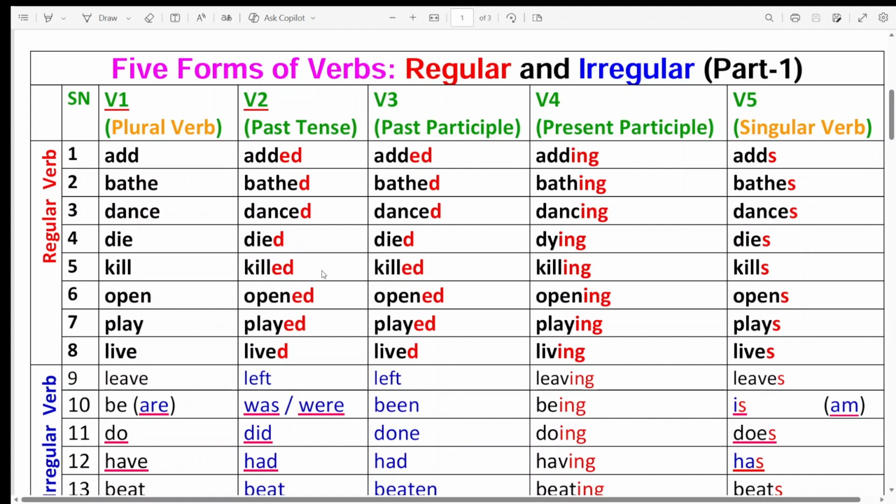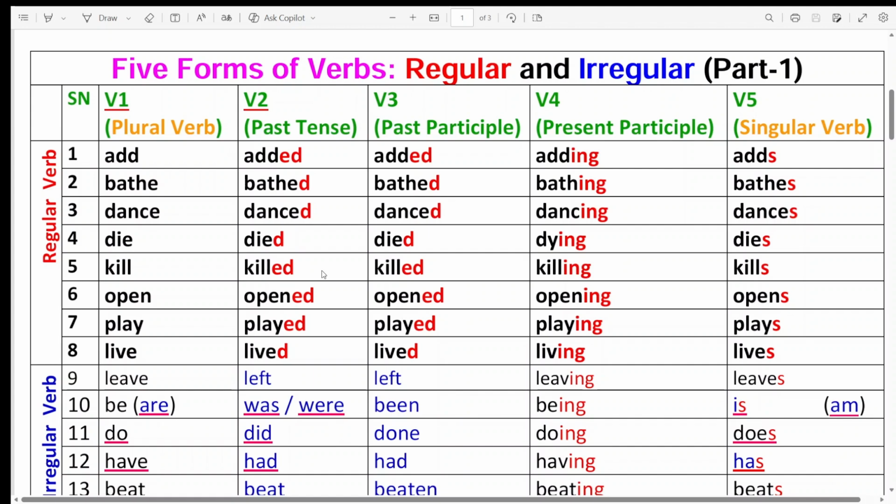Dance, danced, dancing, dances. Die, died, dying, dies. Kill, killed, killing, kills. Open, opened, opening, opens. Play, played, playing, plays. Live, lived, living, lives. Leave, left, leaving, leaves. Be, are, was, were, been, being, is, am.